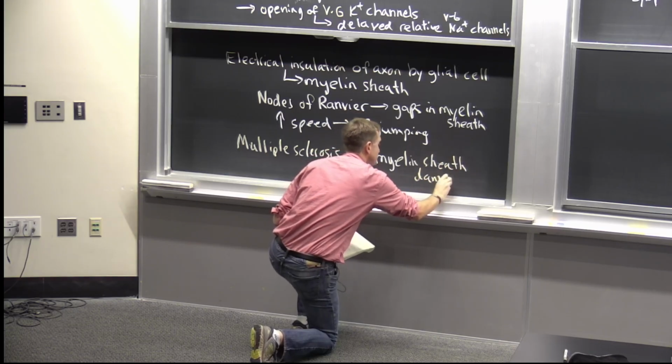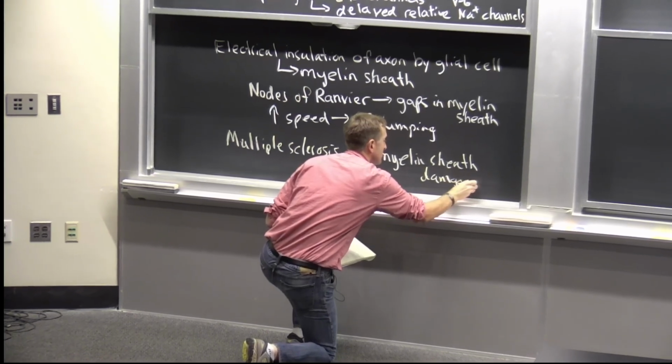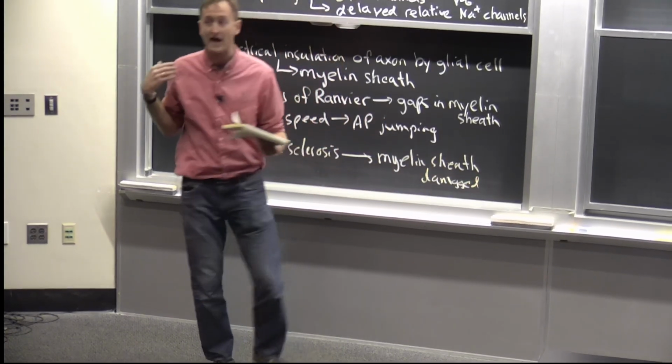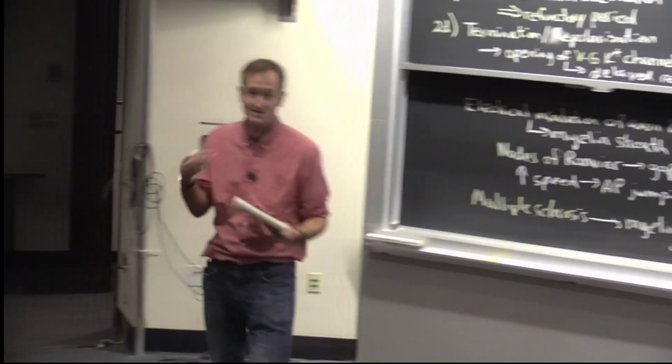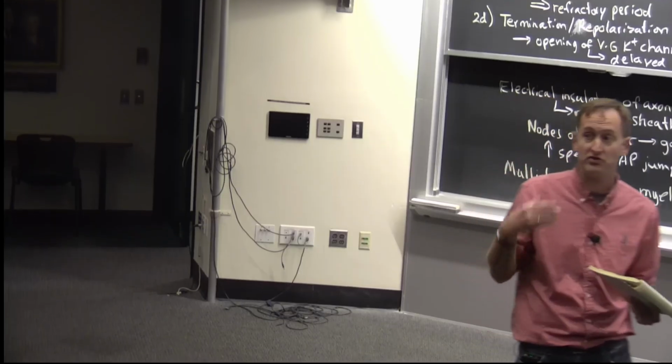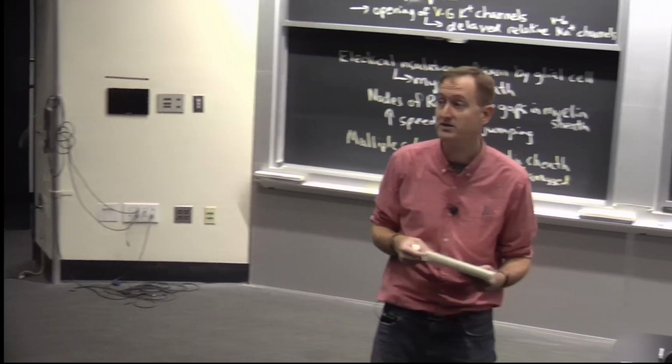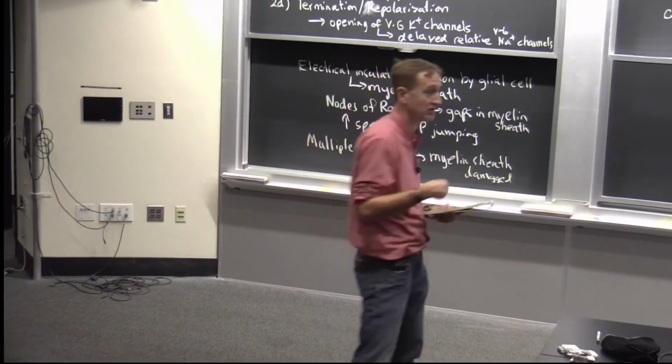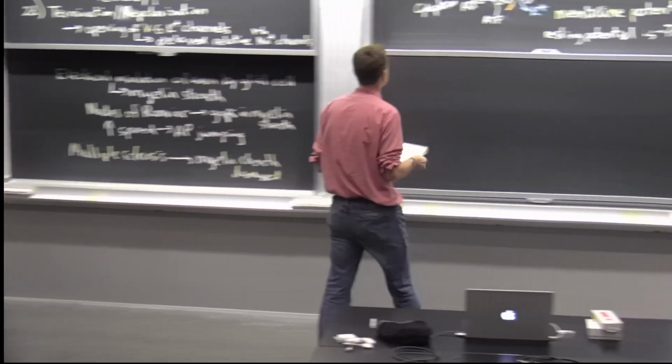Okay, and if you damage this electrical insulation, you greatly slow down these action potentials, and that has a significant impact on nerve impulses in the brain and throughout the entire body, and that's why multiple sclerosis is such a devastating disease.